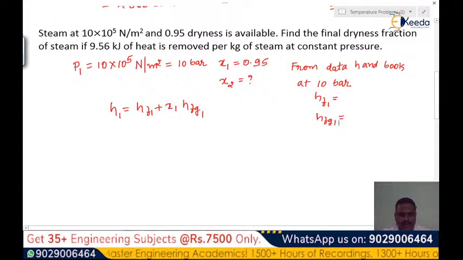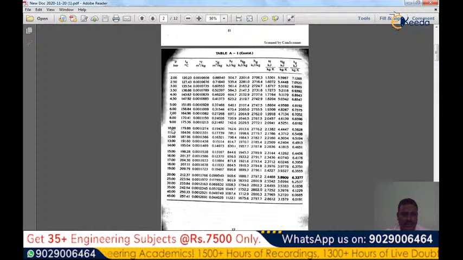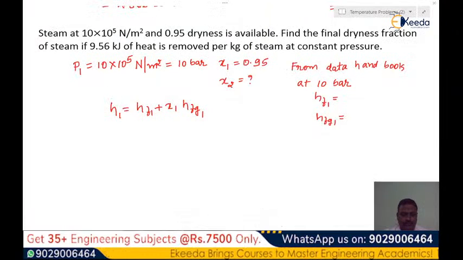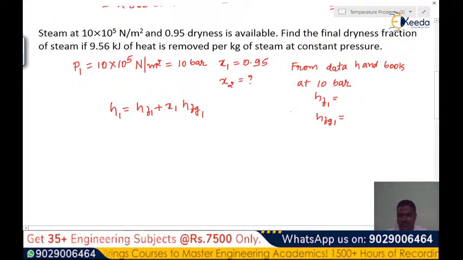Once again, it is on the pressure basis, so it is 10 bar. HF1 is 762.6 kilojoules per kg. See, here at 10 bar, it is HF, right? HF is the enthalpy of the saturated liquid. So it is 762.6 kilojoules per kg.